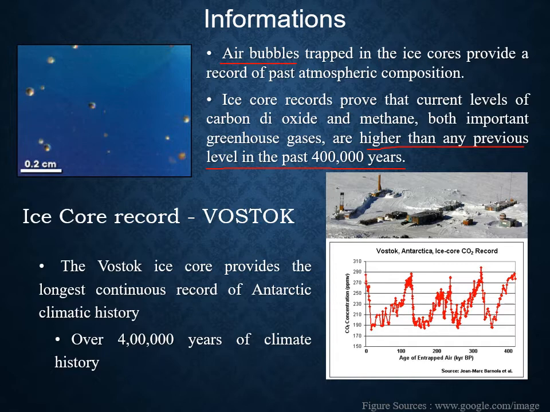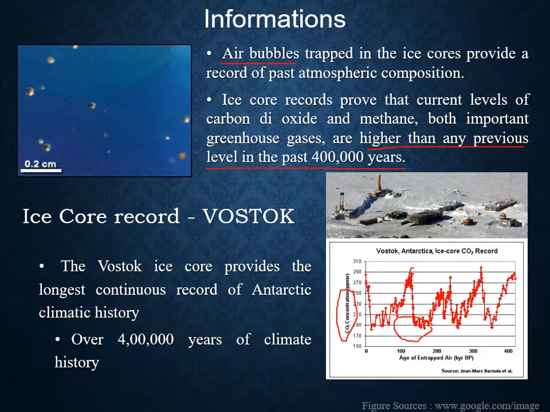You can see from these gas bubbles trapped in the Antarctica ice cores, when we studied them, we can get the carbon dioxide concentration with time, and when we plot them in a binary diagram with age, you can see the carbon dioxide levels are varying in a significant way during the last 4 lakh years. There are lots of ups and downs in the carbon dioxide level. So sometimes carbon dioxide levels are low, and sometimes carbon dioxide levels are high.